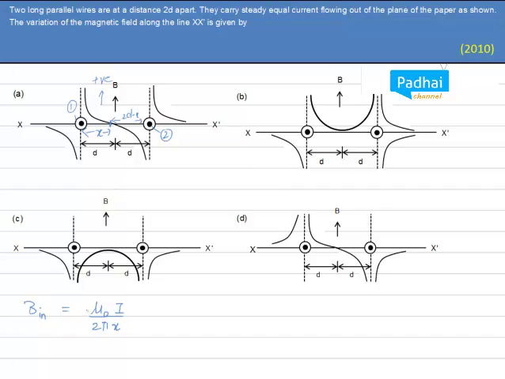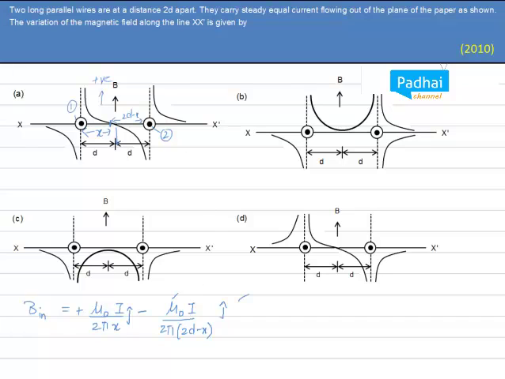So B will be plus this, minus of, this is basically j cap along this direction, minus of mu naught I upon 2 pi into 2d minus x j cap, right? This will be the general equation, and because due to this wire it will be in the downward direction, this will be negative, right?